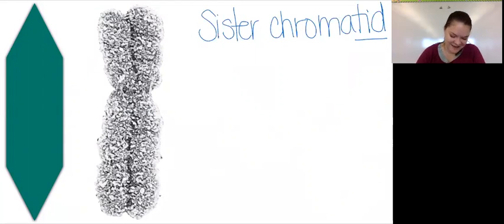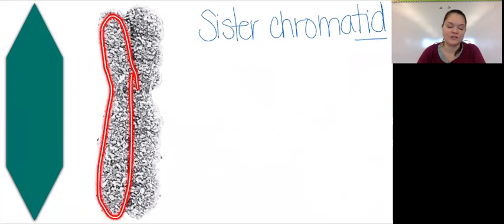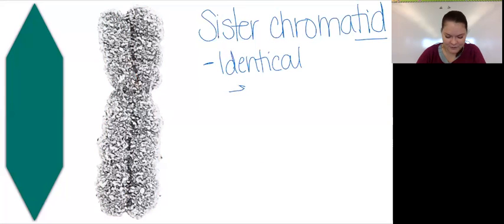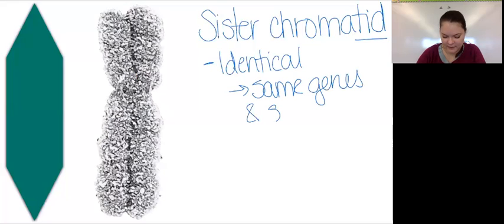And so what we have here is really 1 molecule of genetic information, which has been perfectly copied so that now we have 2 pieces of genetic information that all have the exact same information on them. And so sister chromatids are going to be identical to one another, meaning all the same genes and all the same alleles.